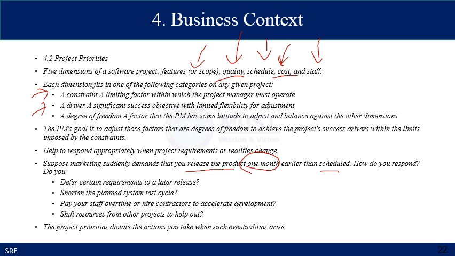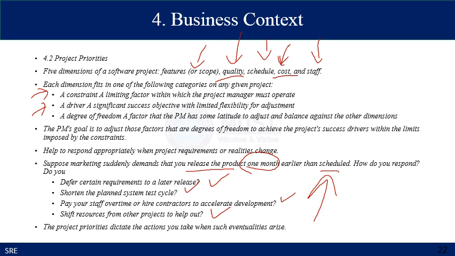How do you respond? So you defer certain requirements to a later release, you shorten the planned system test cycle, you pay your staff overtime or hire contractors to accelerate the development, and you shift resources from other projects to help you meet these objectives or project priorities.